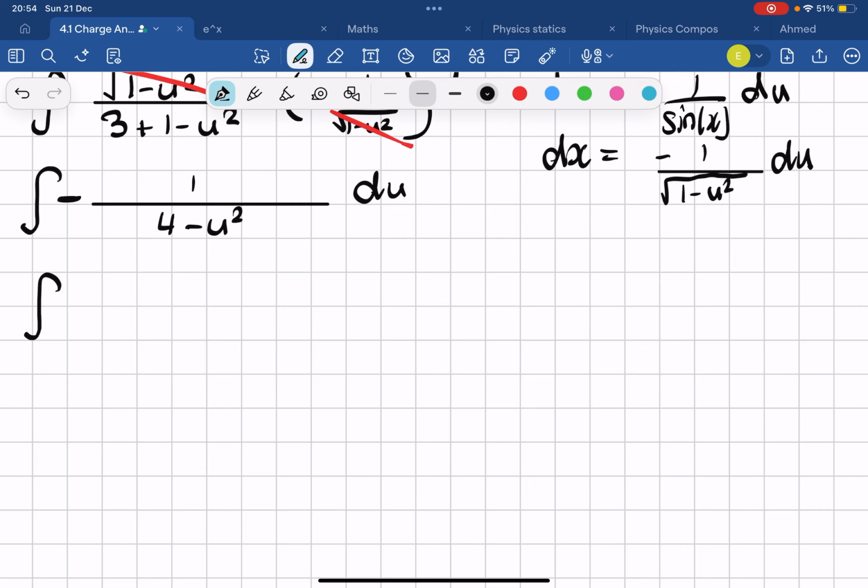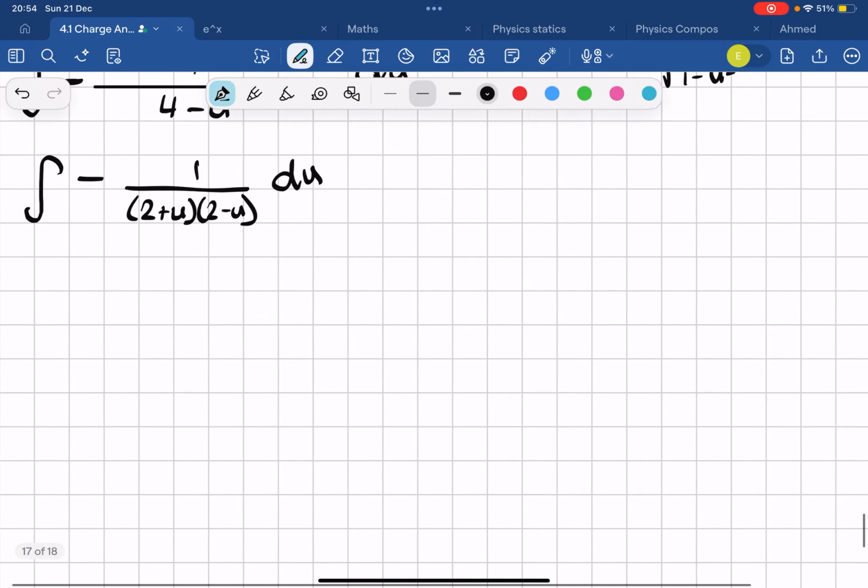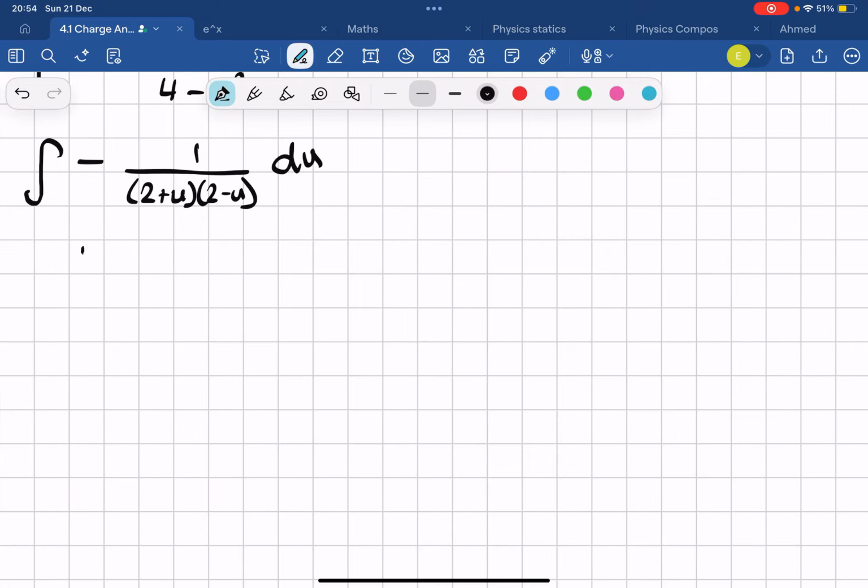This looks much easier to integrate. Let's factorize our denominator. So we've got 2 plus u, 2 minus u. Now we just have to partition our fraction using partial fractions. So we've got 1 over 2 plus u, 2 minus u equals a over 2 plus u plus b over 2 minus u.